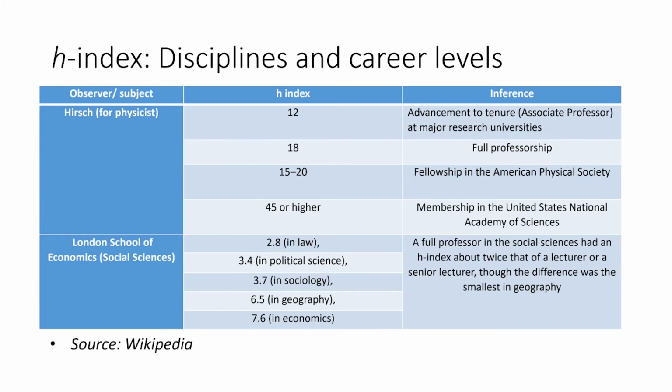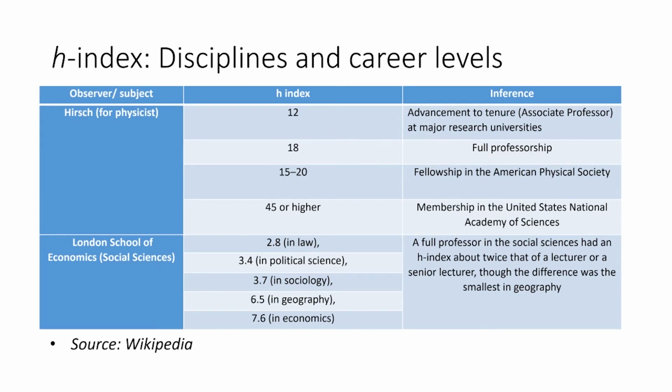While London School of Economics observed that the average index of faculty members of different disciplines were significantly different. It can be seen that H index was quite low in social sciences as compared to the researchers of sciences. We discussed in beginning of this module itself about this factor regarding the H index.